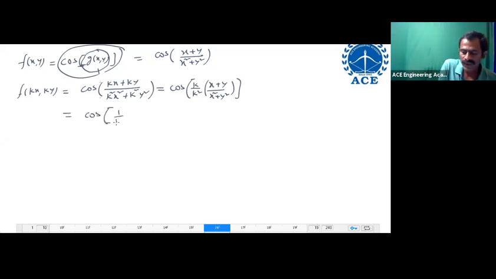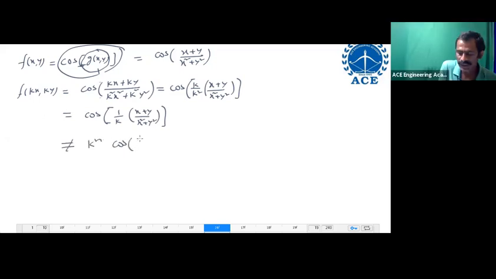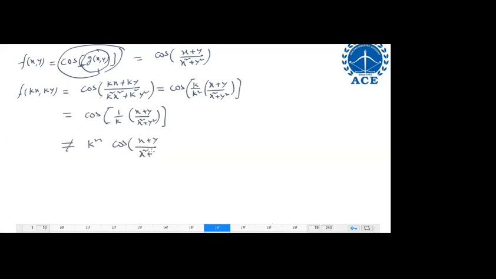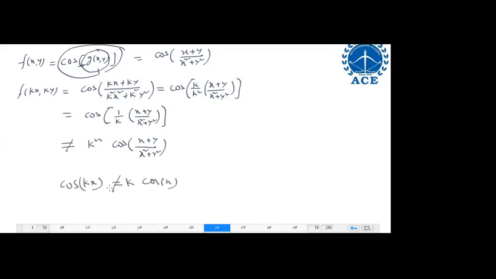But this is not equal to k power something into cos of the same function (x plus y) by (x square plus y square), because cos of kx is not equal to k into cos of x.